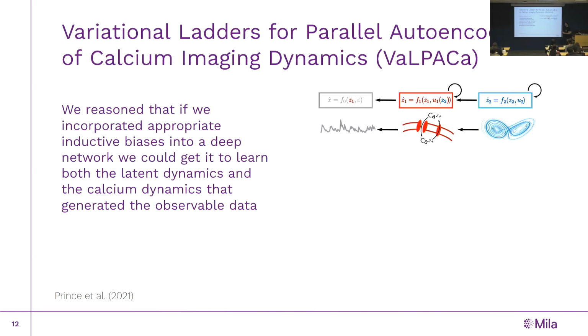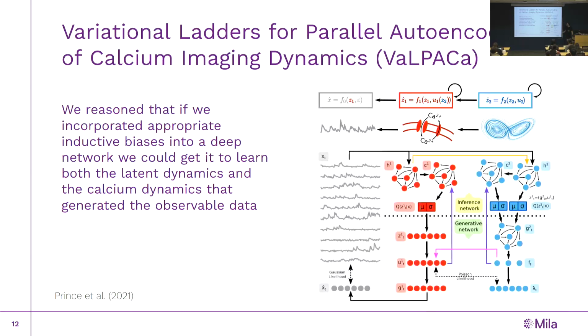So we reasoned that if we could incorporate appropriate inductive biases into a deep neural network, sort of a modification of LFADS, then we could get it to learn both the latent dynamics and the calcium dynamics that we see in this data. And so the approach we took for this was what's called a variational ladder autoencoder, hence the name of our system, the cute Valpaca.